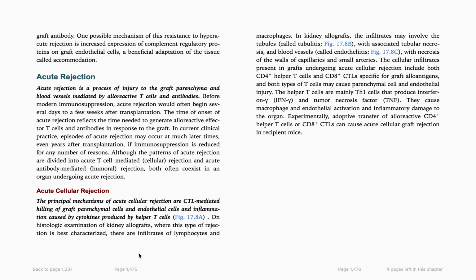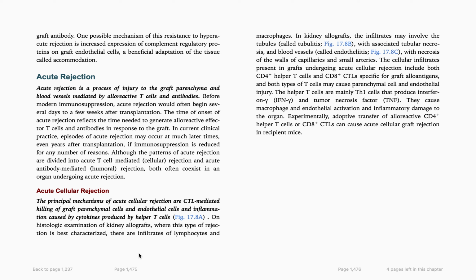Acute rejection. Acute rejection is the process of injury to the graft parenchyma and blood vessels mediated by alloreactive T cells and antibody. Before modern immunosuppression, acute rejection would often begin several days to a few weeks after transplantation. The time of onset of acute rejection reflects the time needed to generate alloreactive effector T cells and antibodies in response to the graft.